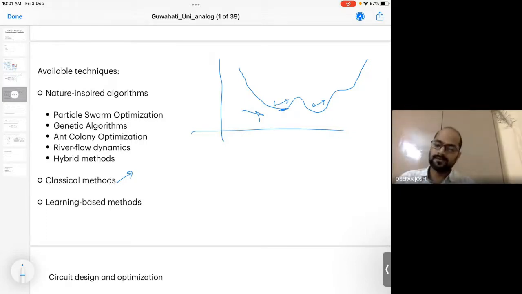So the setup of the analog circuit should be generalized, or it should be scalable. We can increase or decrease the number of transistors, so it should be scalable. Because you will not be designing your setup anew for each circuit, isn't it?